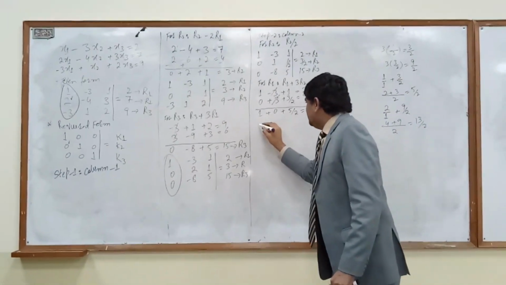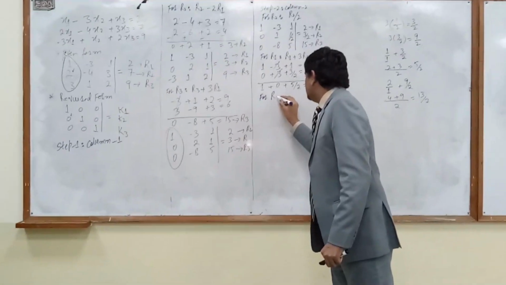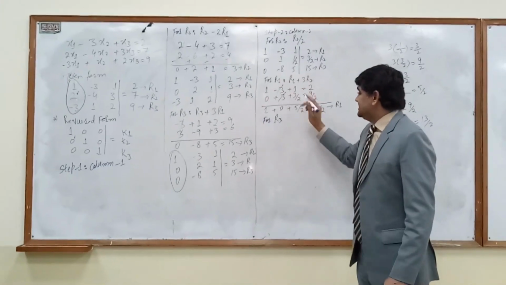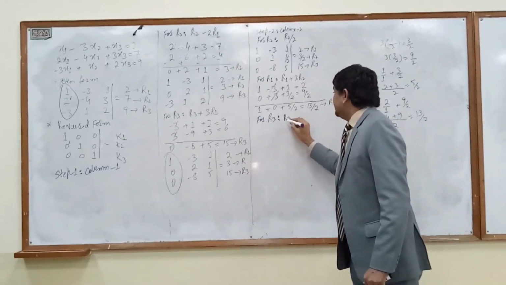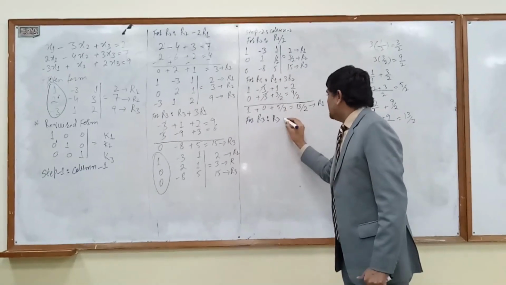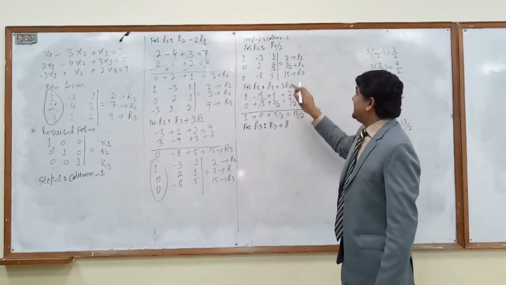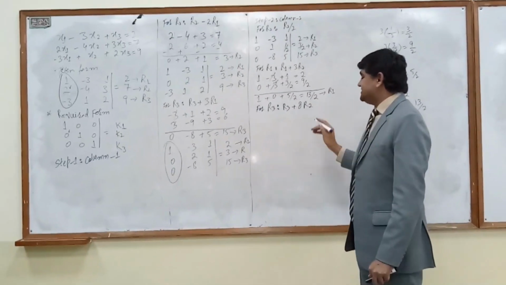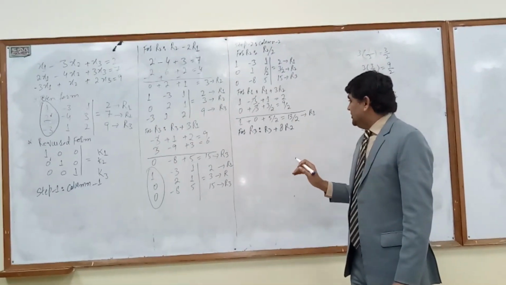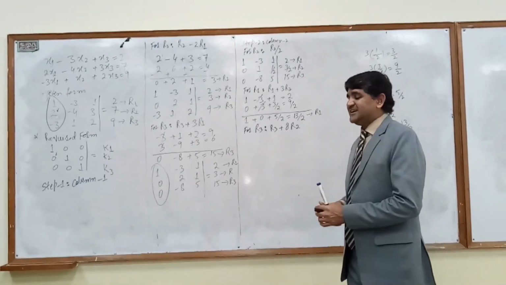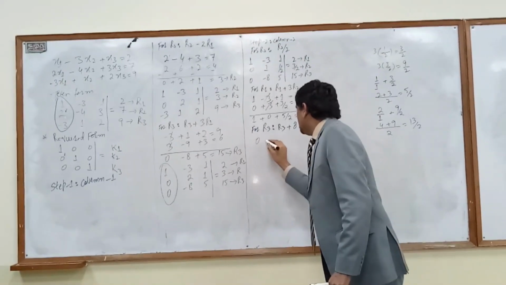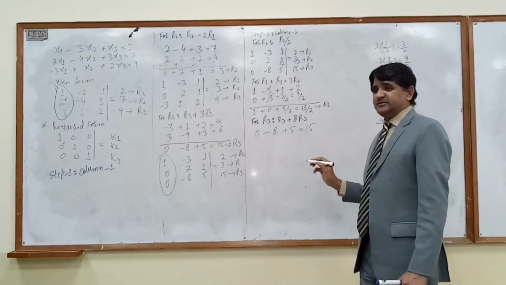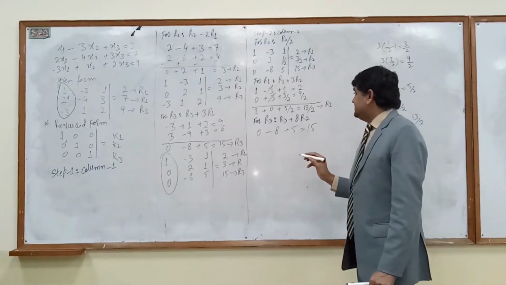Okay. Here we solve for row 3. We require 0. What is given? Minus 8. So for row 3, what is the sign here? Minus, so plus 8 into R2. We are calling in column 2, so obviously it will be R2. What is R3? 0, minus 8, 5, 15.